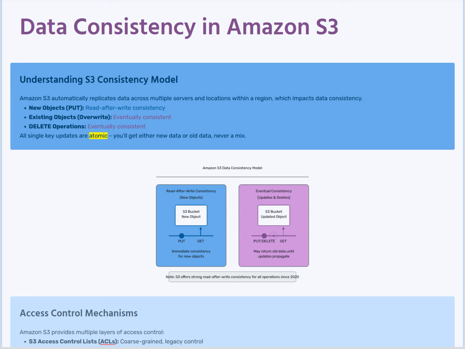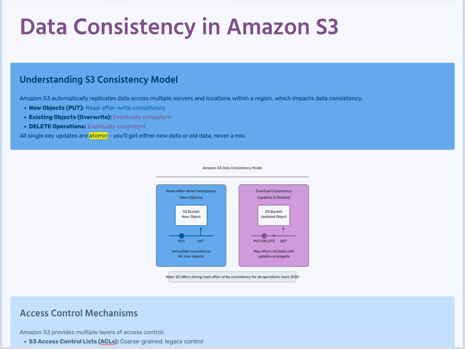When you upload a new object, a put, we call it read after write consistency. When you overwrite an existing object, it is eventually consistent, and delete operations are also eventually consistent.